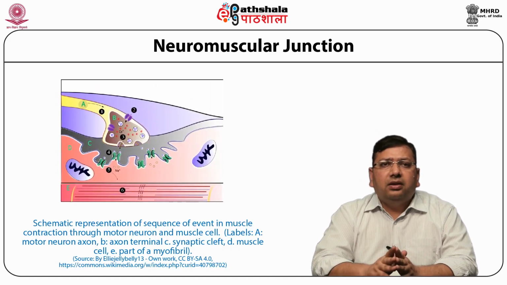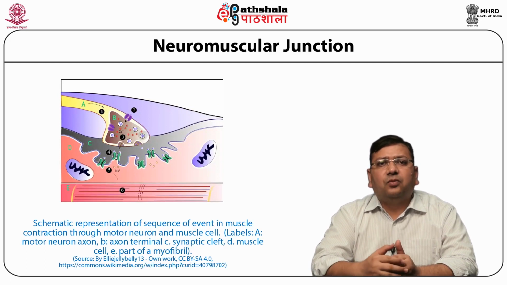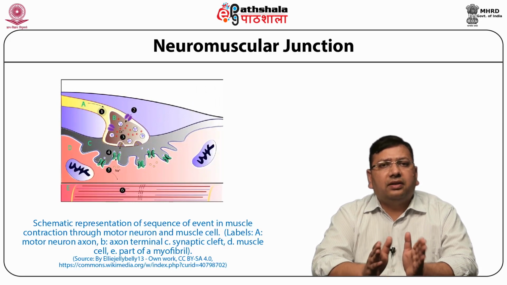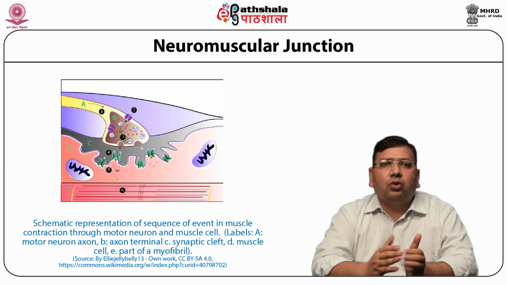You will find in the figure how a muscle gets contracted with the help of neuromuscular junctions. Muscles contract or relax when they receive signals from the nervous system. The neuromuscular junction is the site of the signal exchange. Several steps are required for this contraction.